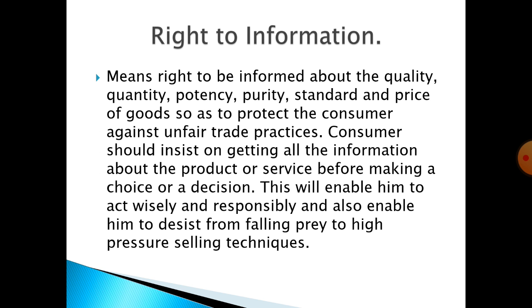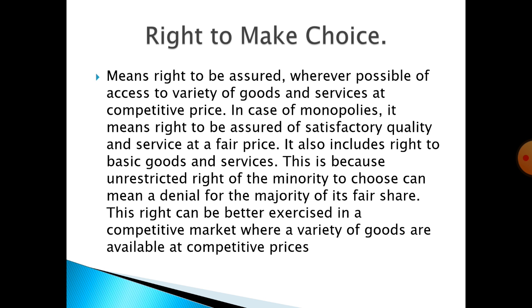Okay, moving ahead with the chapter is the right to make choice. It means the right to be assured, wherever possible, of access to a variety of goods and services at a competitive price. In case of monopolies, it means the right to be assured of satisfactory quality and service at a fair price. It also includes the right to basic goods and services.